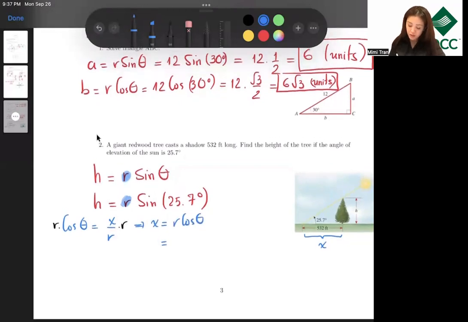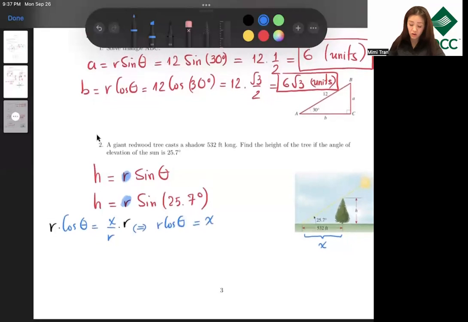Oh, I'm sorry, we're solving for r. So let me do this slowly. Multiply both sides by r, so that I have r cosine theta equal x.